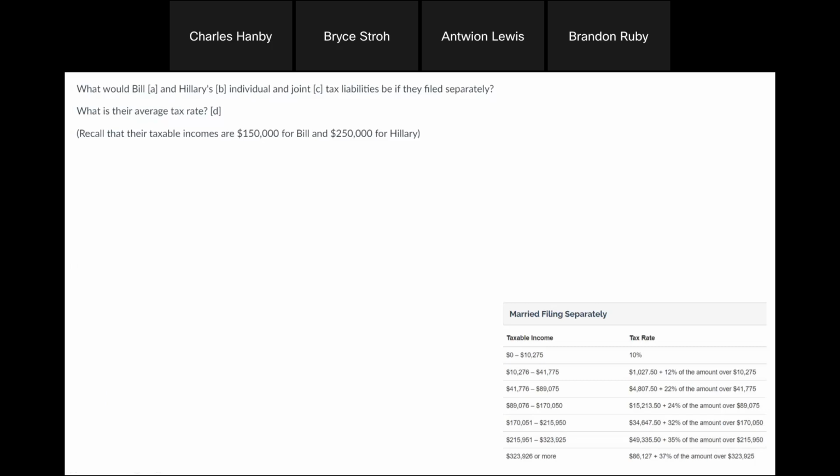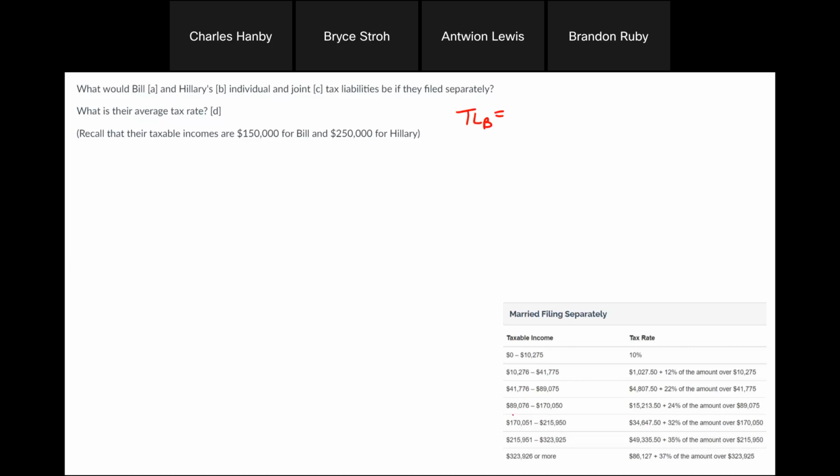So Bill had $150,000 of income. So we'll go up here. Tax liability for Bill, TL sub B. So he's got 150,000.